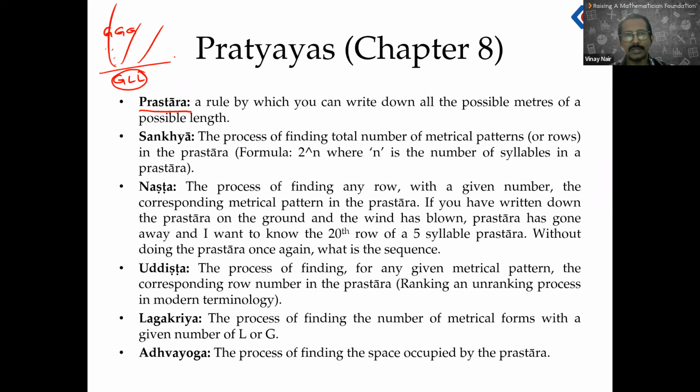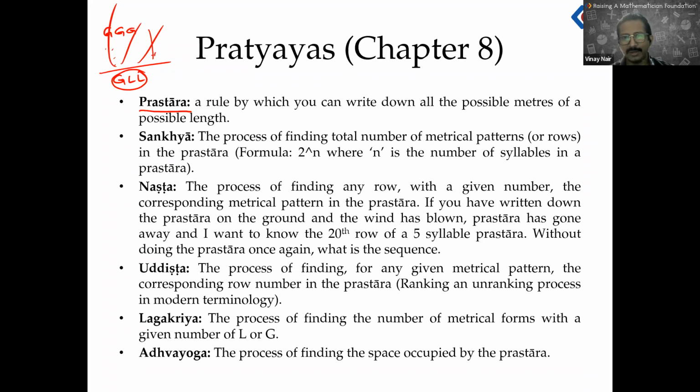One way to find out is to list everything down and then find out which row GLL will come in. But that will be a very taxing process, no? Because you have to list everything, and imagine yesterday's example of 100 Gs. If you want to find out where GLL, GGL, GG, something like that, will appear, it's going to take up a lot of time.